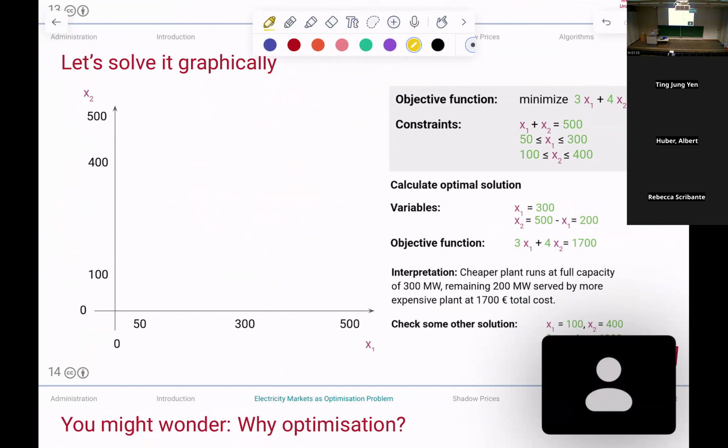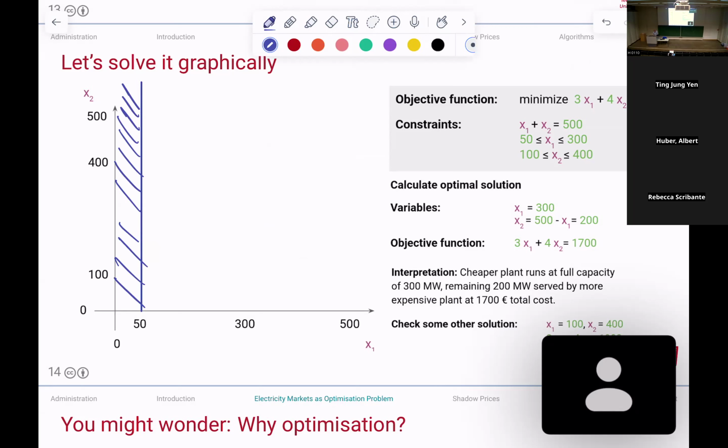And what we have as constraints, well, first of all, my x1 needs to be producing more than 50, so all that is excluded. And it can only produce less than 300. So everything here is also excluded.